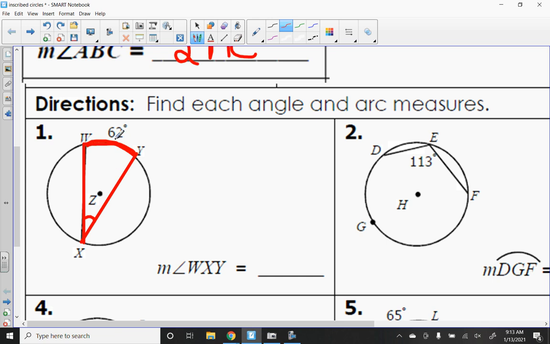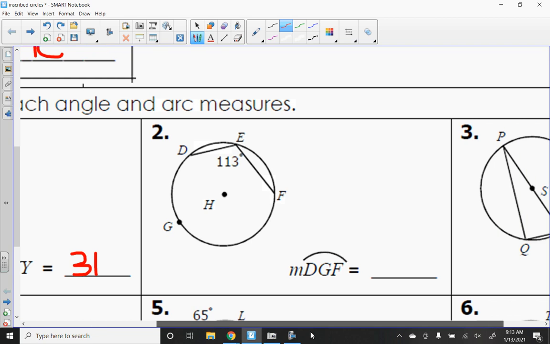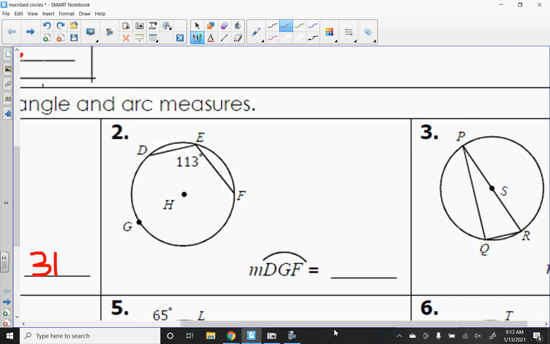So if its arc is 62, its angle is half of that. So all you do is cut the 62 in half, and we have 31. That one's done. The angle is smaller than the arc. The arc is bigger.